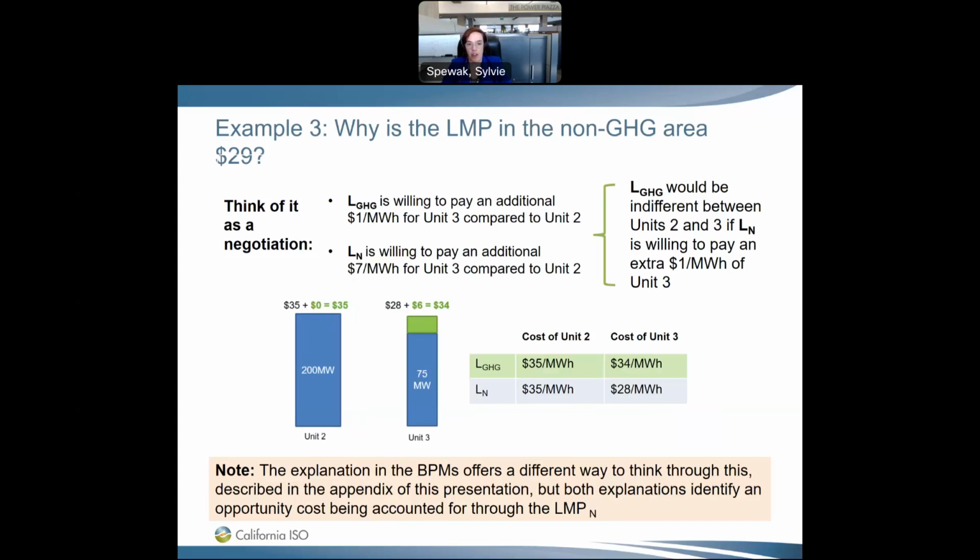Load in the non-GHG area would have to be paid an extra $7 per megawatt hour in order to make this switch. So the way that we minimize costs here is for load in the non-GHG area to make up that difference, to make the GHG area indifferent to switching from Unit 3 to Unit 2.